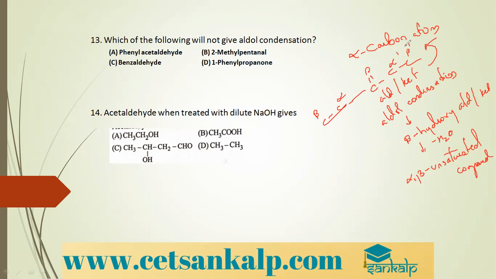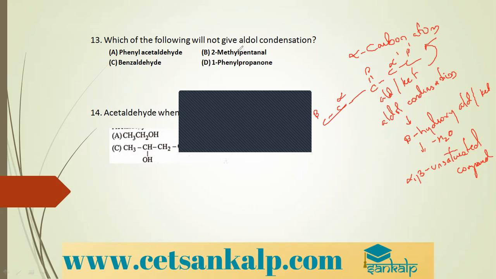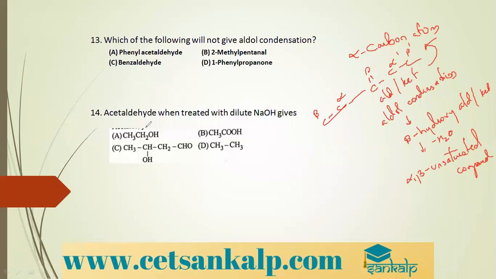So look at the examples. Which example is having alpha hydrogen? The one which has alpha hydrogen will give aldol condensation. So phenylacetaldehyde: CH3CHO is acetaldehyde, and since you have phenyl, having alpha carbon, obviously it is having alpha hydrogen. So this will show aldol condensation.